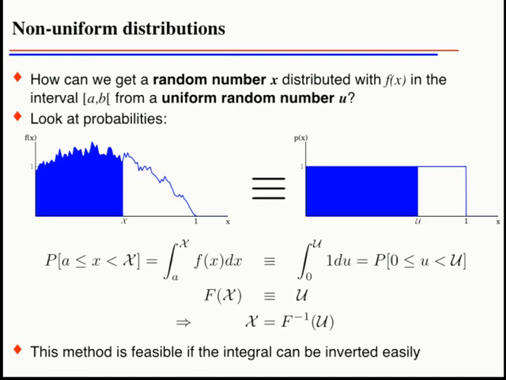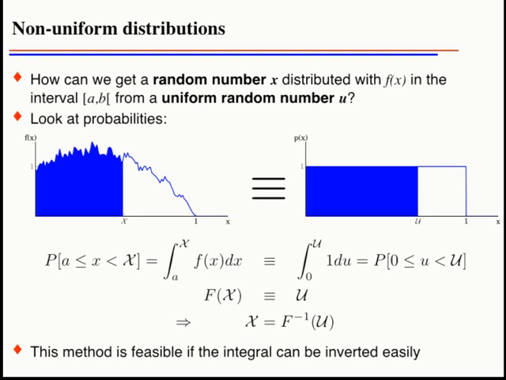What's the probability of throwing a random number and getting a number which is smaller than this capital X? So we integrate our probability distribution from our lower bound to capital X.